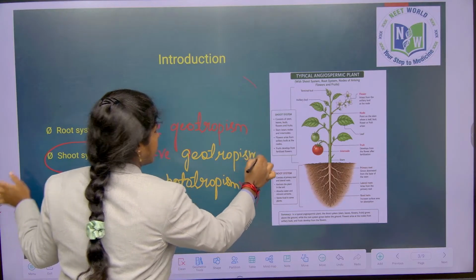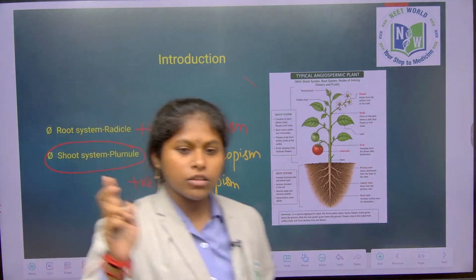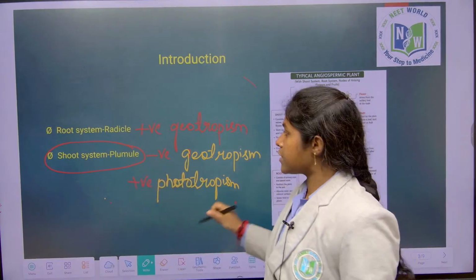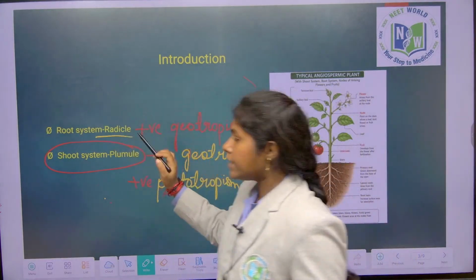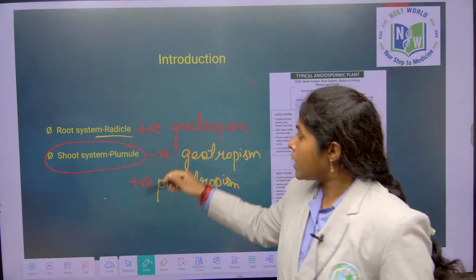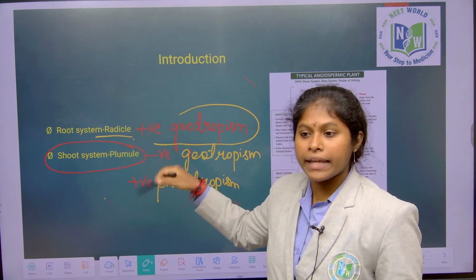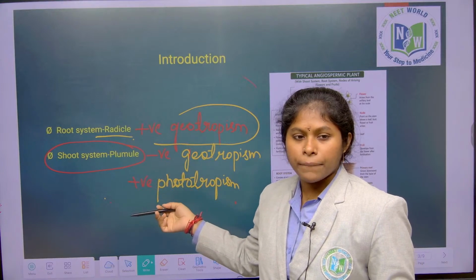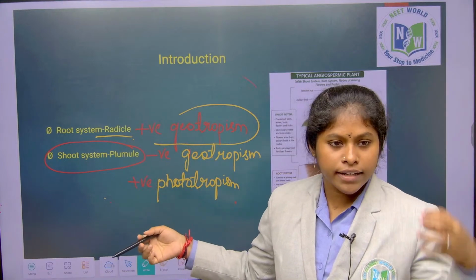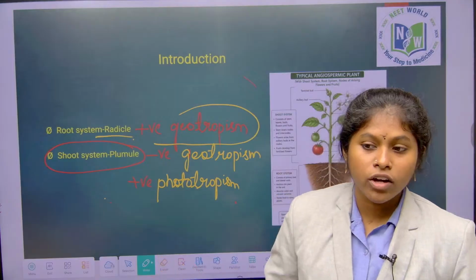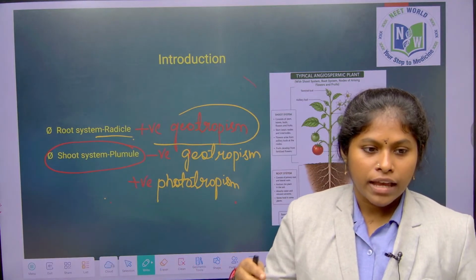In any typical angiospermic plant, the root system arises from the radicle and the shoot system from the plumule. The radicle is positive to geotropism and negative to phototropism, because it is not growing towards the sun. Is it ascending growing or descending growing? Descending growing.